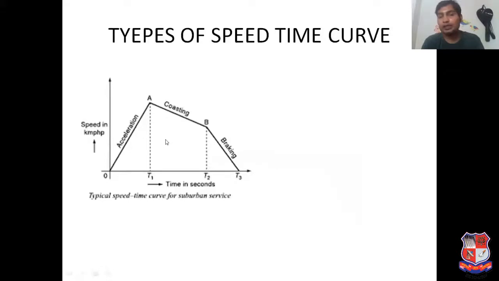This kind of graph is a simplified speed-time curve for an urban service line, and this graph is known as a quadrilateral speed-time curve.